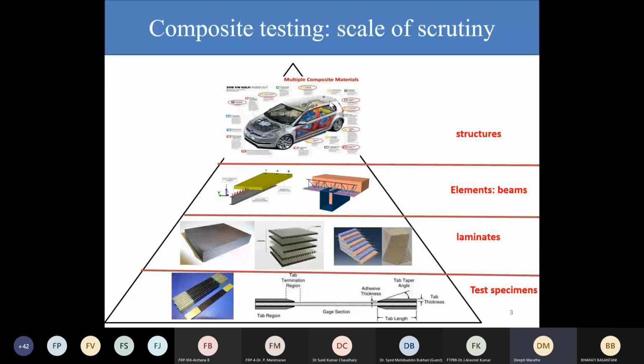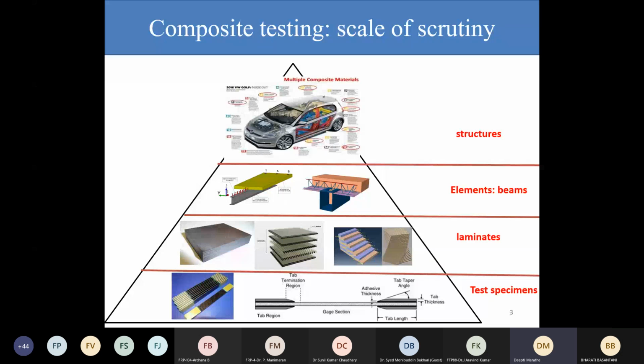The testing with the test specimens and the laminates is mainly going to focus on static methods of testing. While when I move to structural elements like beams and the larger structures, I'm going to use test methods which are dynamic and which are going to correlate more with whatever their applications are.